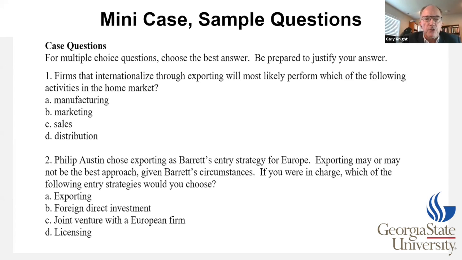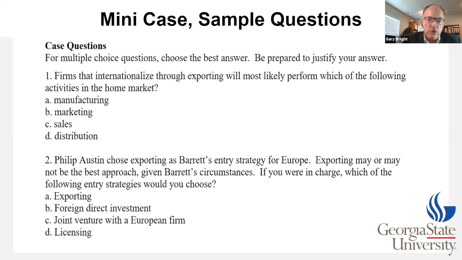Question 2 that you see here asks, Philip Austin chose exporting as Barrett's entry strategy for Europe. And then it goes on to ask, is exporting the right strategy, or is FDI a better entry strategy? Is joint venture a better strategy, et cetera, in the context of the case?